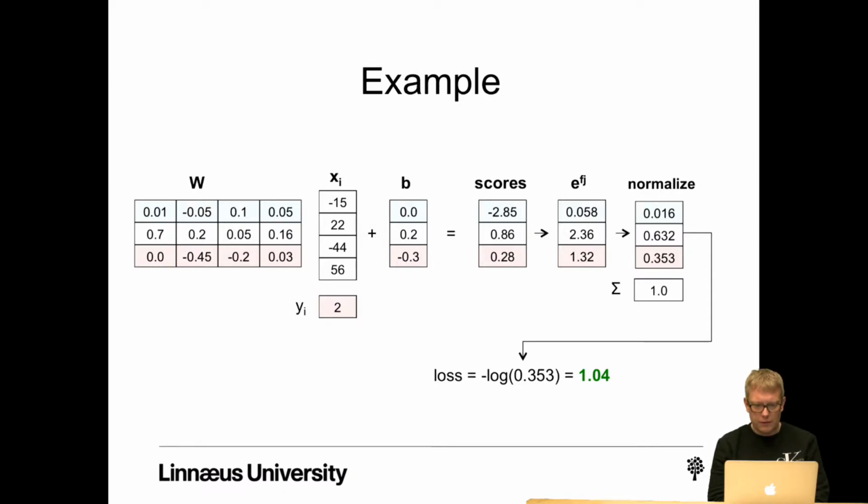Then we normalize it by dividing with the sum of the vector, and we get the normalized scores 0.016, 0.6332, and 0.353. And when we calculate minus log for the correct category, which is 2 in this case, minus log 0.353 equals a loss of 1.04.